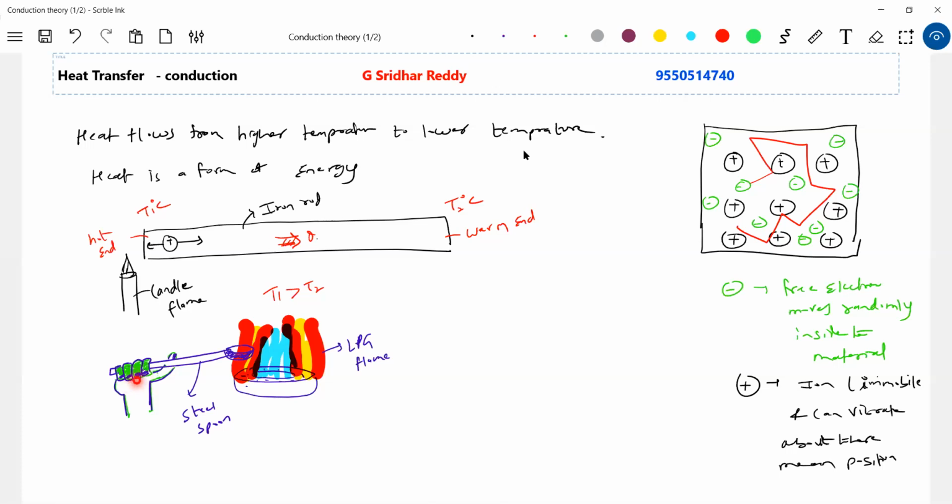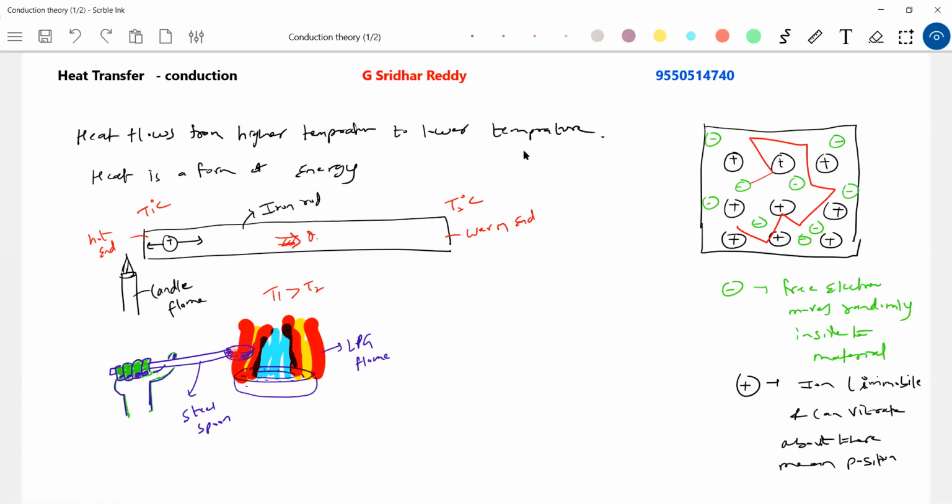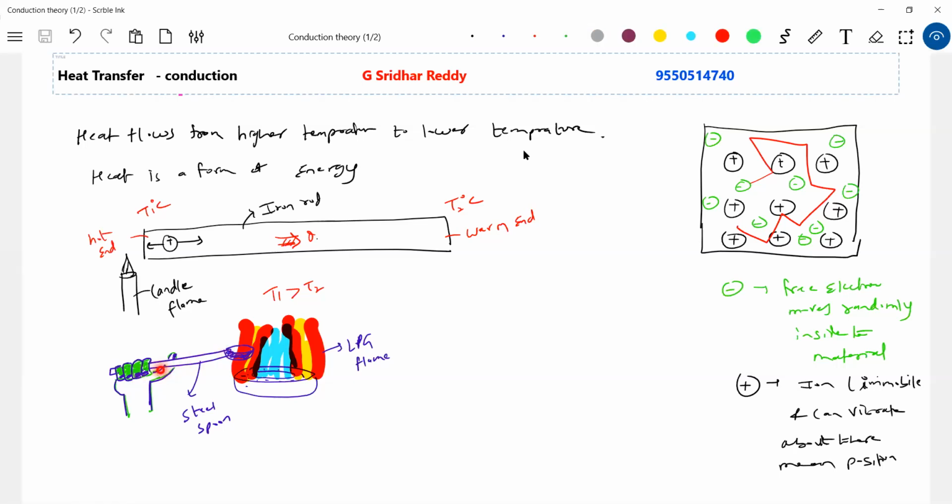Your fingers and this end of the spoon are not in the flame. Only this particular part is in the flame, yet this end becomes hot. The heat flows through the material of the spoon.